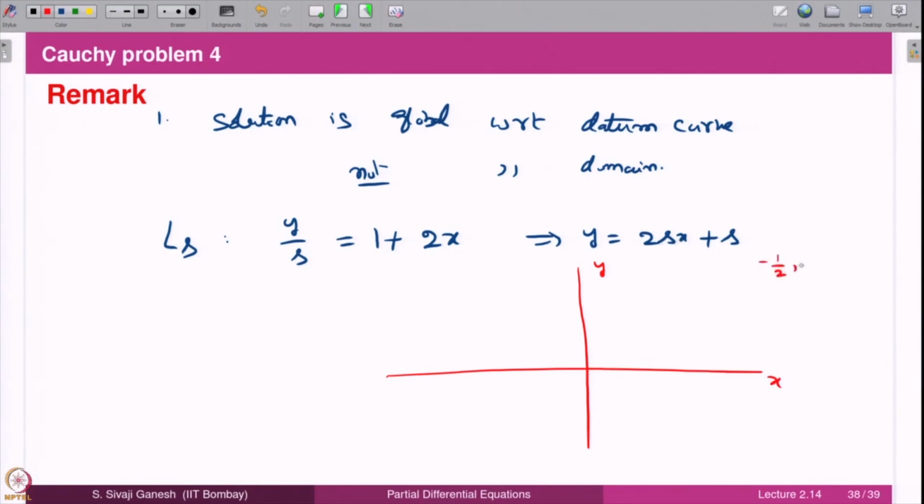So, whatever may be the s, the line goes through this point, minus half comma 0.